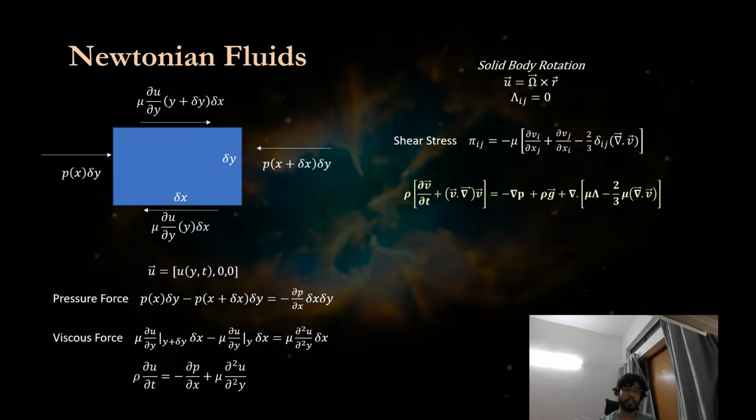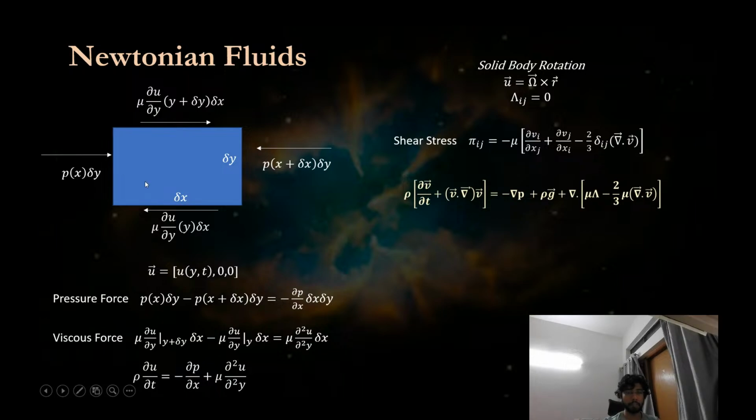We will try to see how viscosity can play a role in these kinds of flows, right? So, okay, let's start from the very basic. Let's say you have some imaginary 2D rectangle in the fluid.